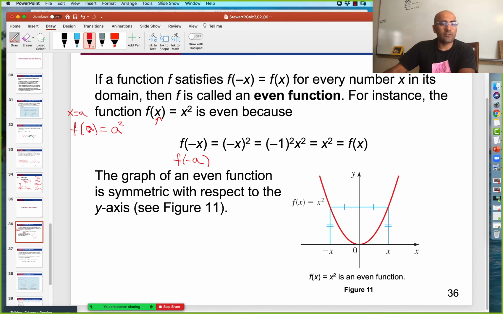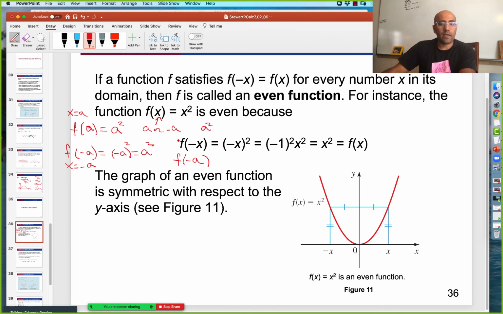Of course, if we plug in a 2, then it's 2 squared. If we plug in a 3, we get 3 squared. But if we evaluate f of negative a, so we're letting x equal to negative a, then we're going to get negative a squared. And then that just equals a squared, right? The negative 1 gets squared, so that just disappears. And so we're pointing out that we get the same answer. When you evaluate this at a or negative a, either way we get a squared.